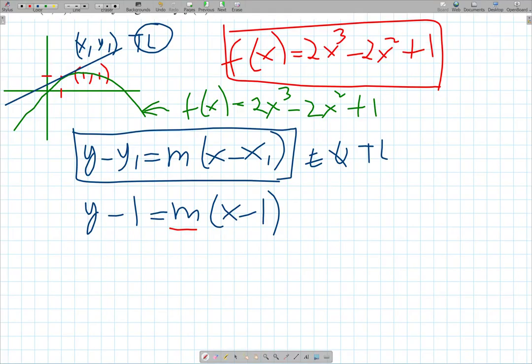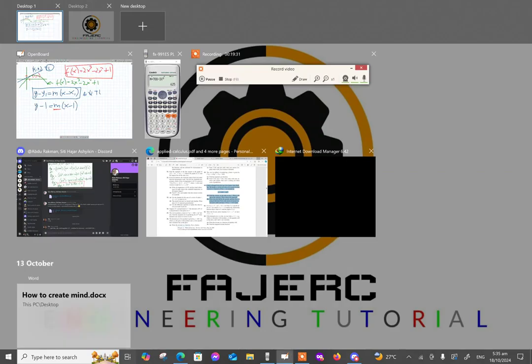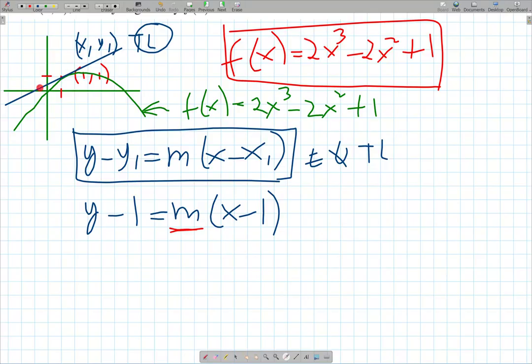So, how will you solve for the slope of this tangent line? Okay. So, meron binigay dito, class, na f of x, which is equals to 2x cubed minus 2x squared plus 1. This is the equation of the graph, na nakatangent sa point 1, 1.